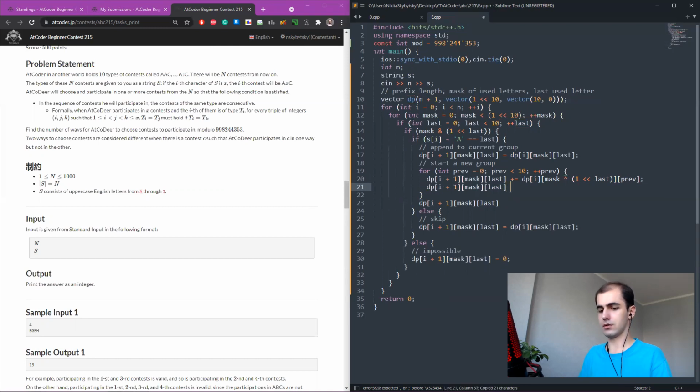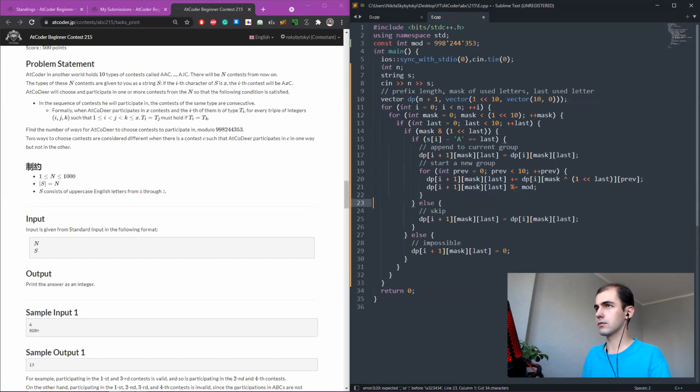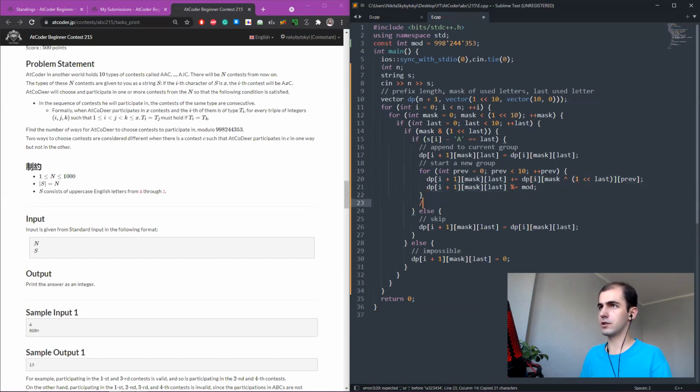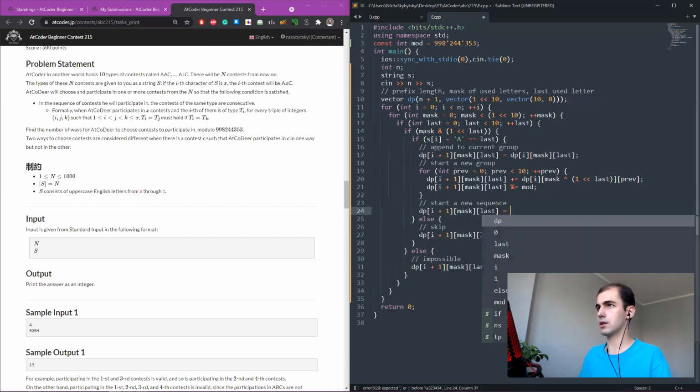This value has to get modded, obviously. There's one more scenario. Start a new sequence, which is a bit different. So dp at i, mask gets 1.